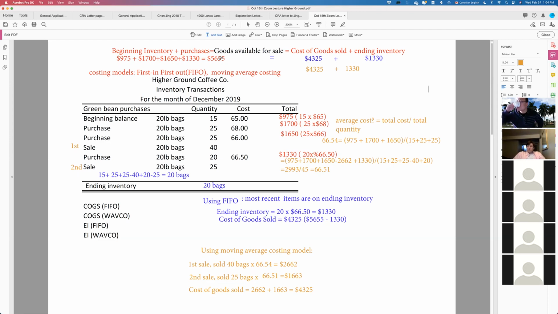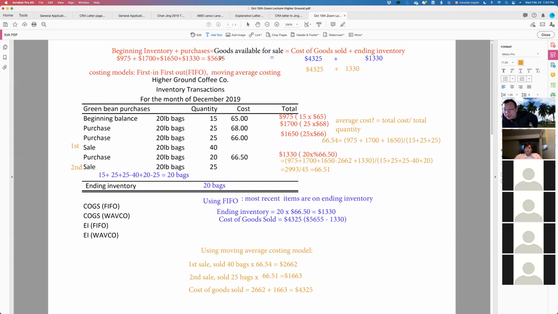So in an actual income statement, where would we look in order to identify whether they're using FIFO or weighted average? Very good question.